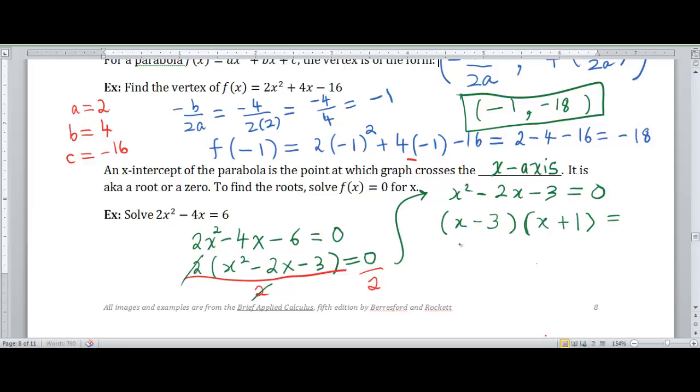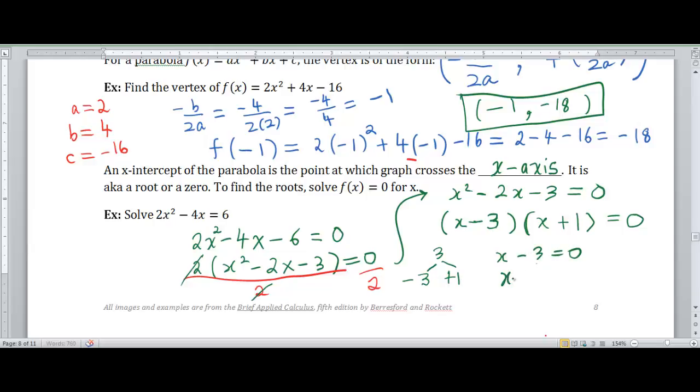The factors of 3 that combine to give me 2 are 3 and 1. Since the last term is negative, the larger number has to be negative. If it was positive, then the larger number would be positive. Since it's negative, the 3 will be negative and the 1 will be positive, because negative 3 times positive 1 gives me negative 3. If you're not clear with factoring, go back and review the algebra. And then you set each of these equal to 0.